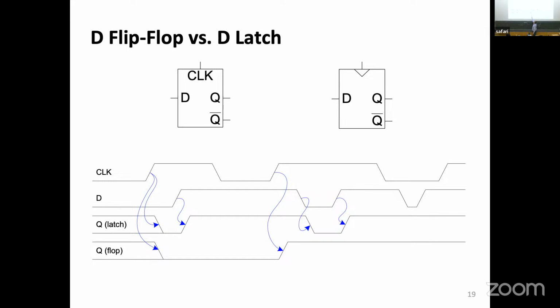Here is the rising edge. Data is what? 1. Good, I store 1. I don't care what happens here until the clock rises again. The clock rises here, what's the value? 1. Okay, the output is 1. How simple is that? How great is that? Look how much I was struggling with the latch and how much faster I was able to explain.